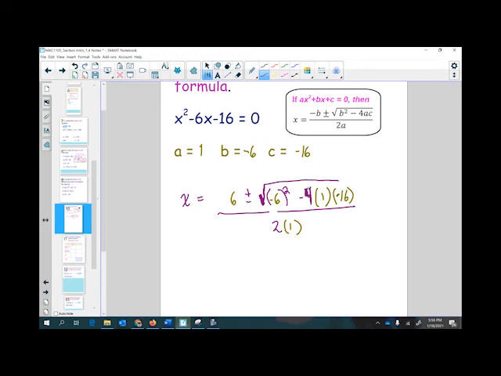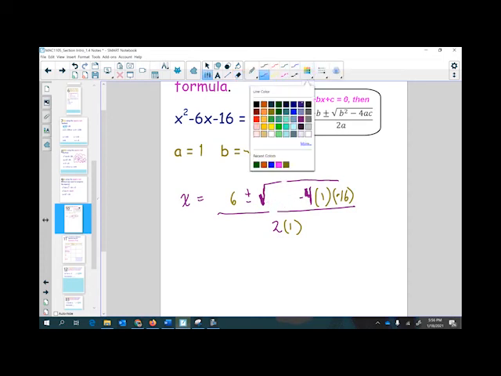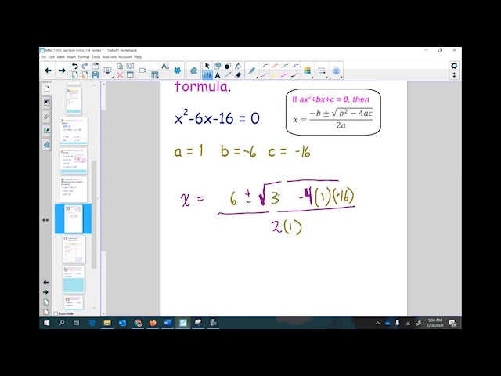Okay, now we just simplify. Let's go through this. What can we simplify? Well, from the top down, I see -6 squared is -6 times -6, so that would be +36. And then -4 times +1 is still just -4. And -4 times -16 would be +64.